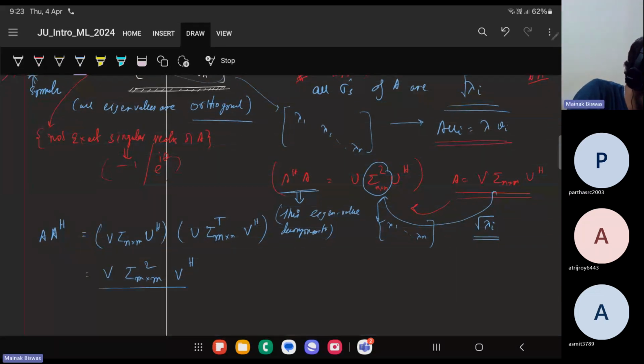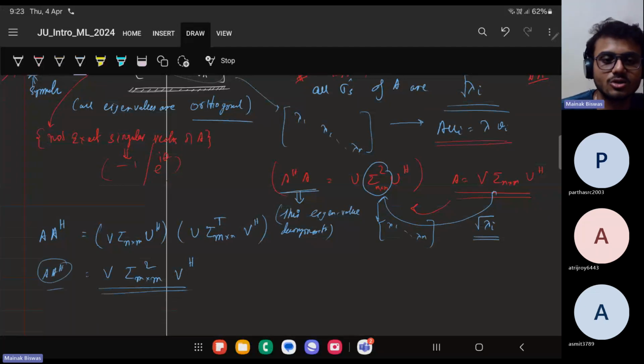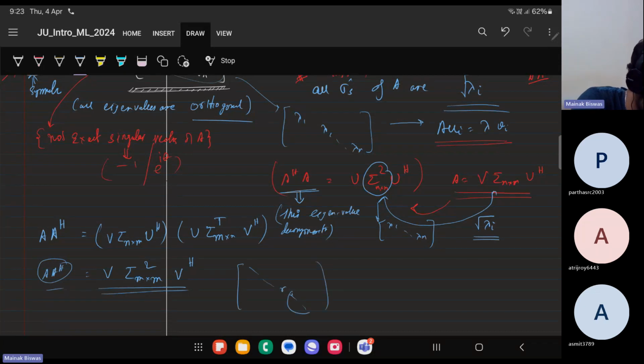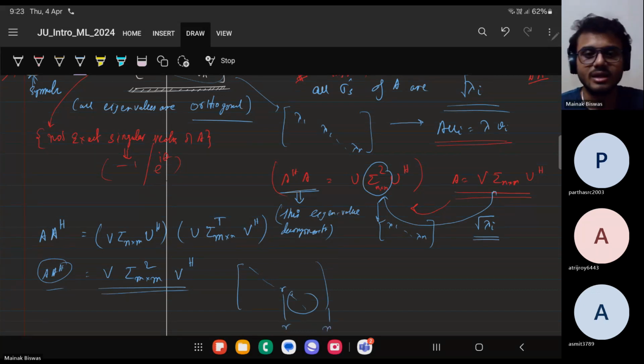Again, up to R you will get the same eigenvalues, even from A A Hermitian. Yes or no? There is no difference up to R. Then you can have some differences from R to M.